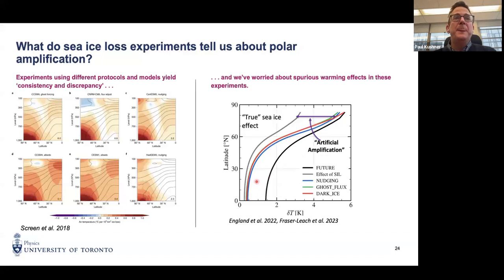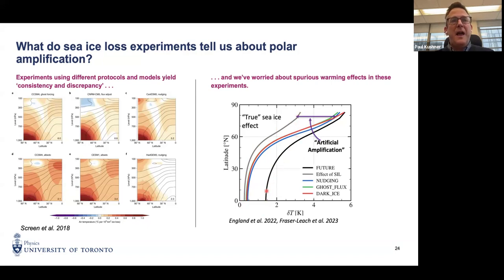So the concern is that when you look at what he estimated as a true sea ice effect based on an energy balance model calculation, you would get a warming in surface temperature of about 2 degrees or so using standard forcings.